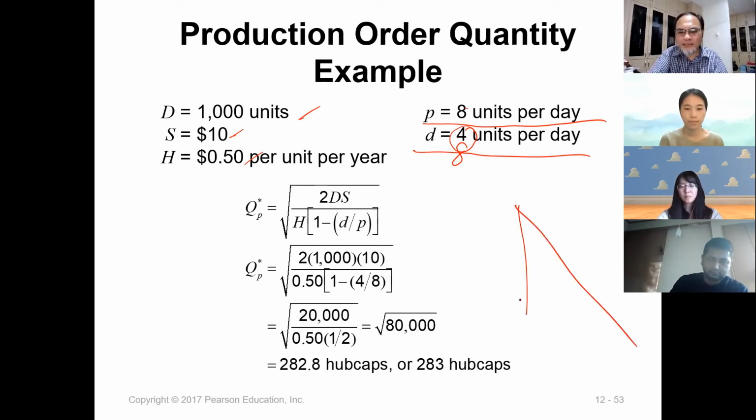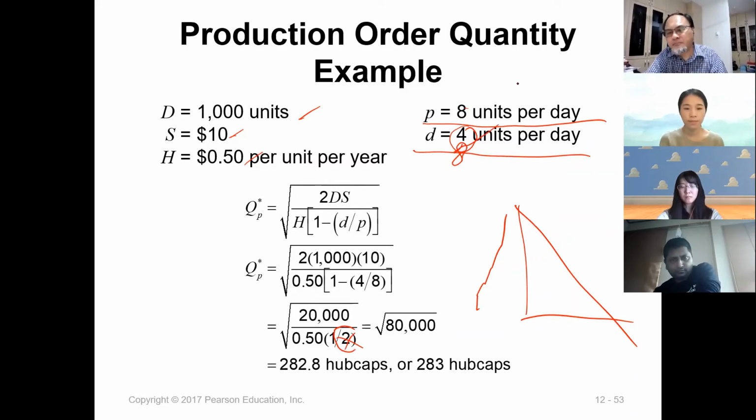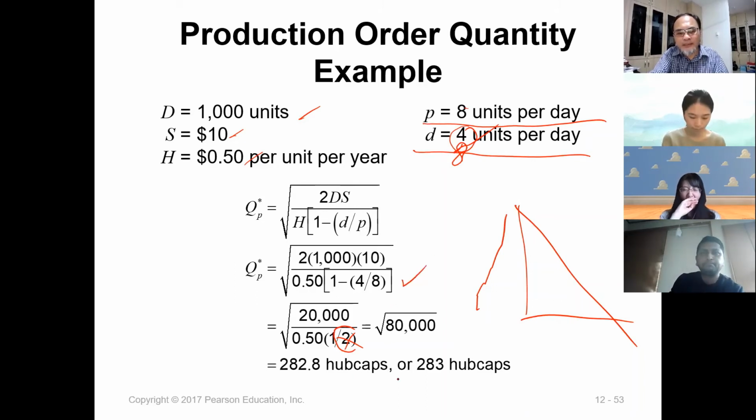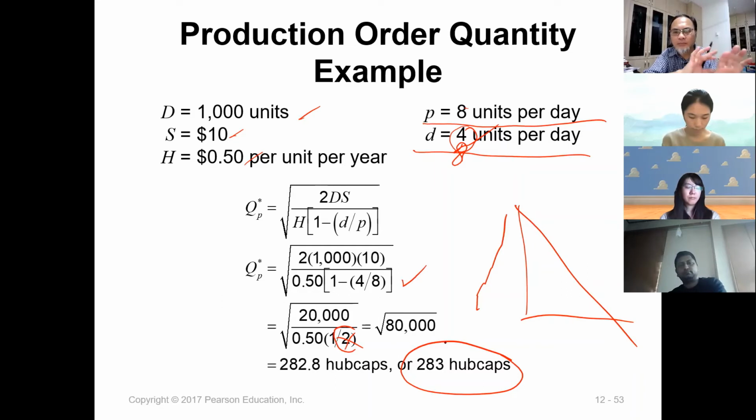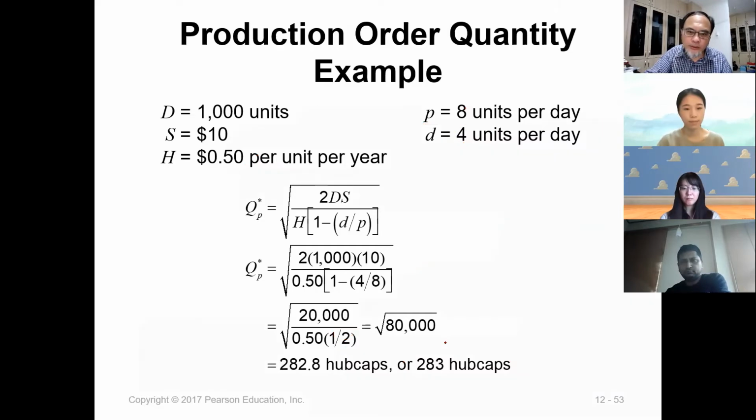So there is no more build up of inventory. So this becomes zero. In this case, there is consumption, production, consumption. So in this case, our EOQ is 283 hubcaps. This is something related to car manufacturing, probably the hubcaps used for tires. Right. So this is production order quantity, which is also part of inventory control.